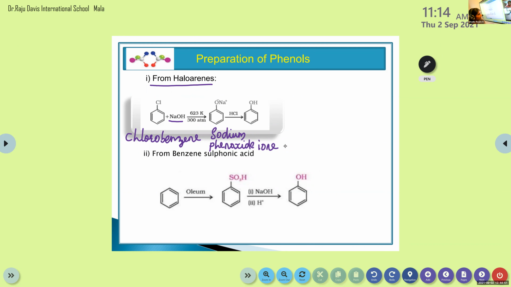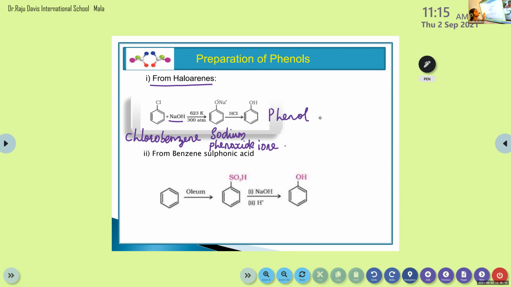Then after the formation of sodium phenoxide ion, acidification takes place. That means we add acid and it will be converted to phenol. So it's a simple reaction from haloarenes.